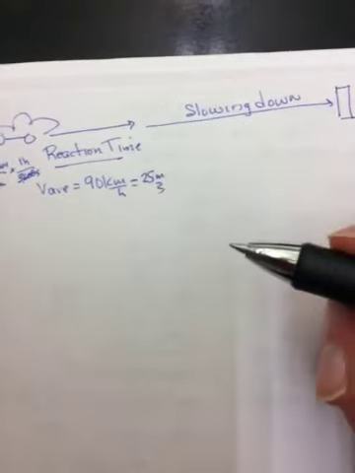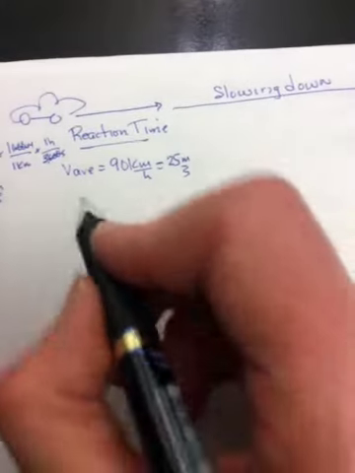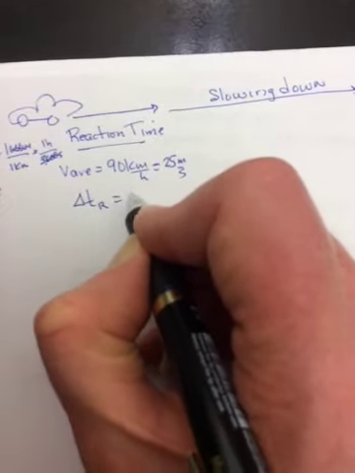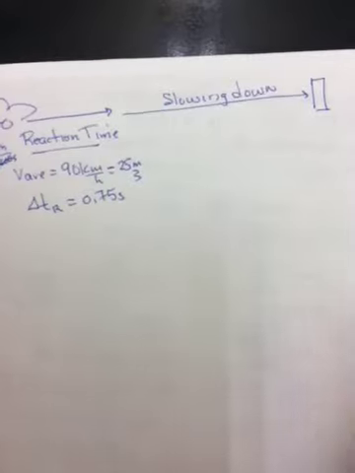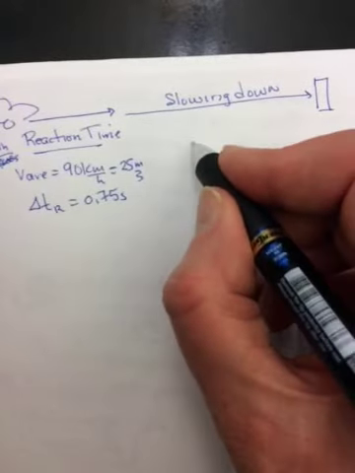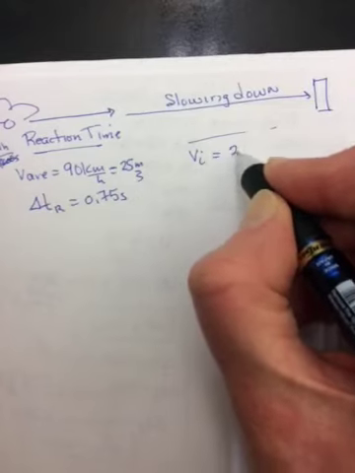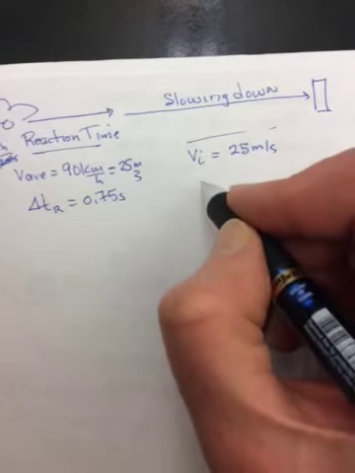Okay, so 25 meters per second. And it says it takes him 0.75 of a second, so that's his reaction time. Okay, and then he hits the brakes. So when he hits the brakes, now he's in the slowing down part. So the VI here will also be 25 meters per second because that's what he was going before he hit the brakes.